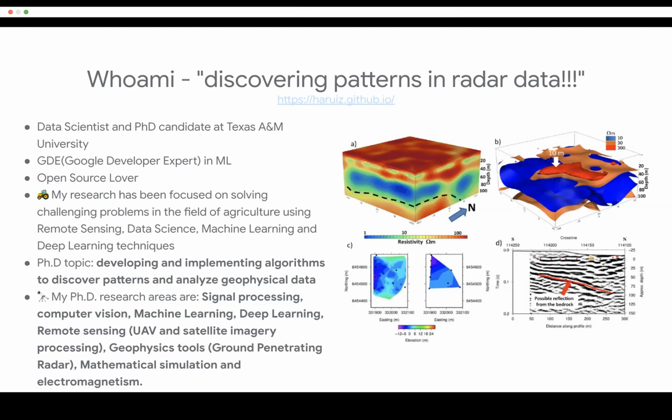My PhD topic is developing and implementing algorithms to discover patterns and analyze geophysical data. My research areas are signal processing, computer vision, machine learning, deep learning, remote sensing, geophysics tools, mathematical simulation, and electromagnetism. That is the field I have been working in for the last 3 years.